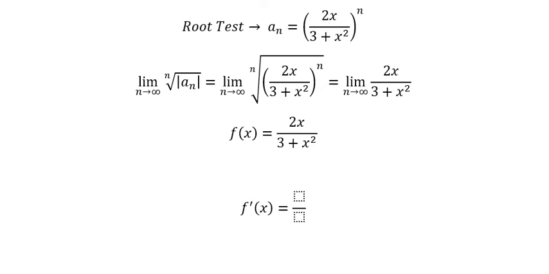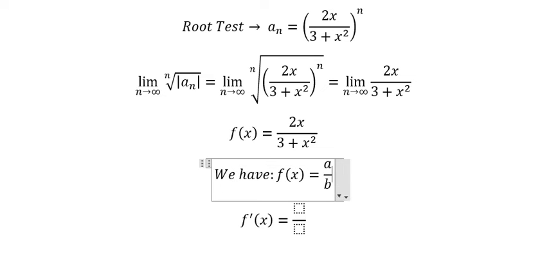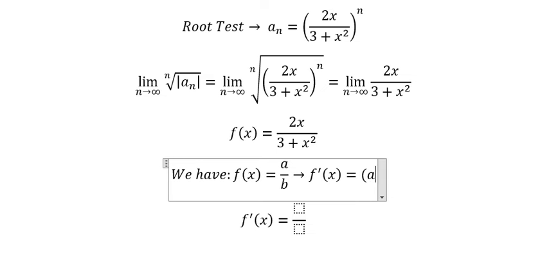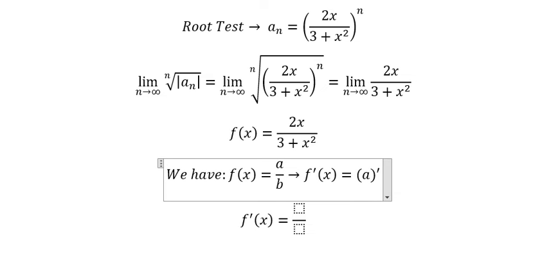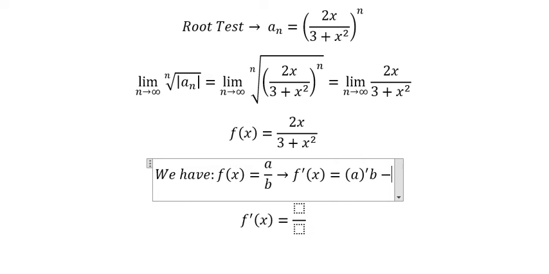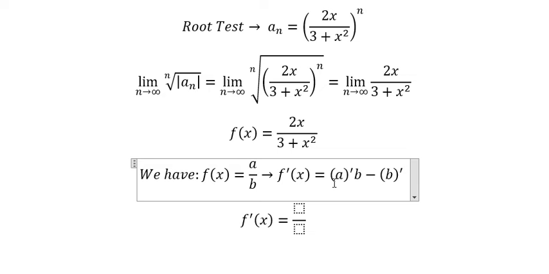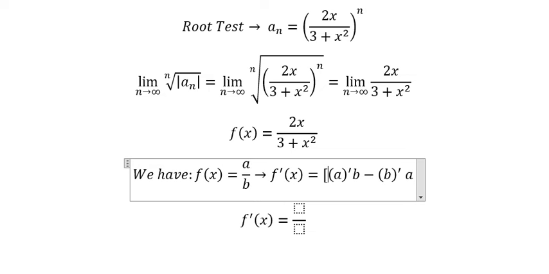We have the formula in here: the derivative of a multiplied by b, minus the derivative of b multiplied by a, over b squared.